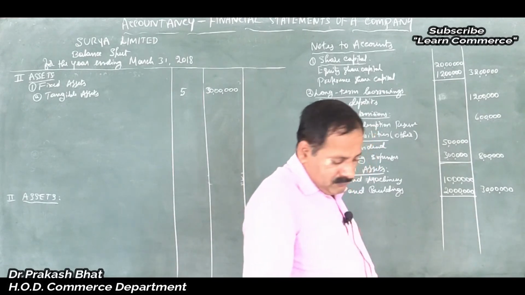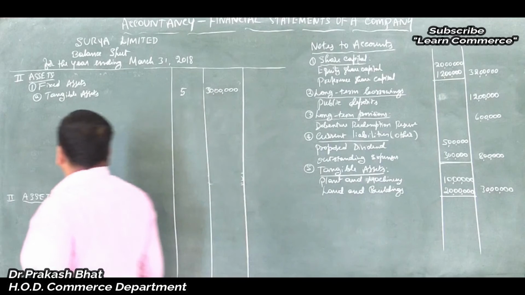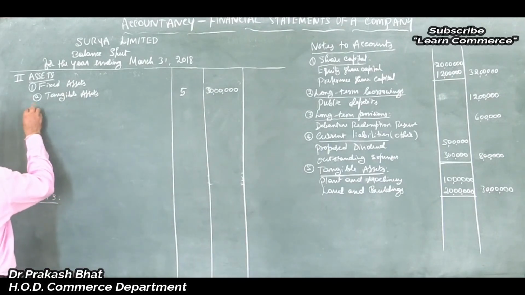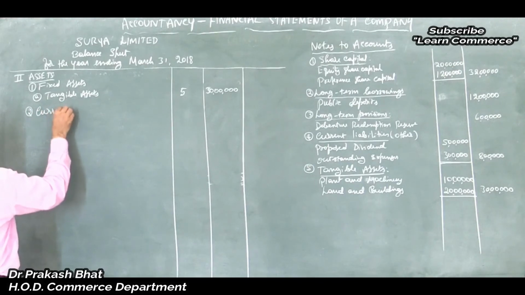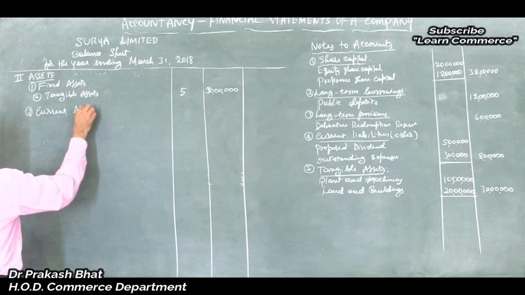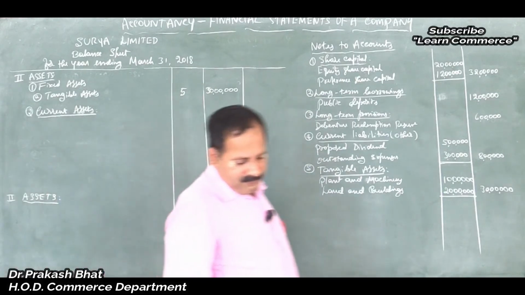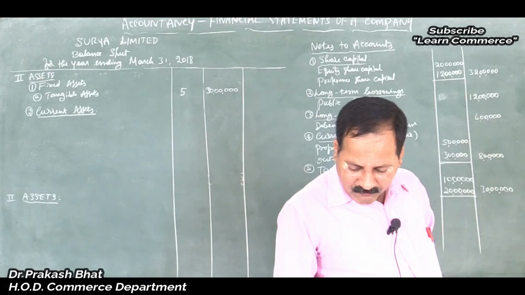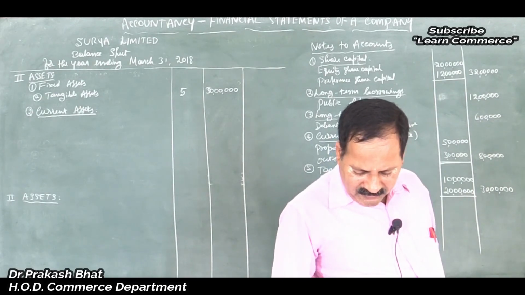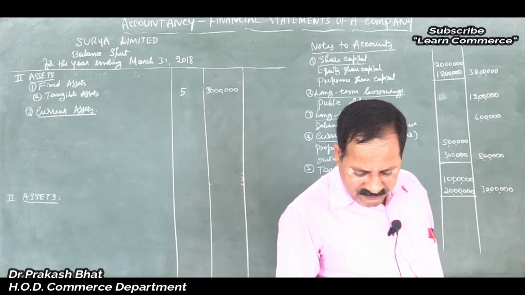Moving on to current assets. Now, moving on to the second one, current assets, isn't it? One is cash equivalents, 10 lakh. Then are there any other current assets?